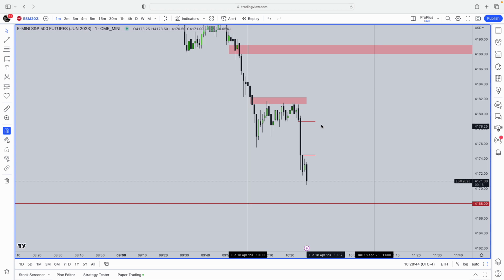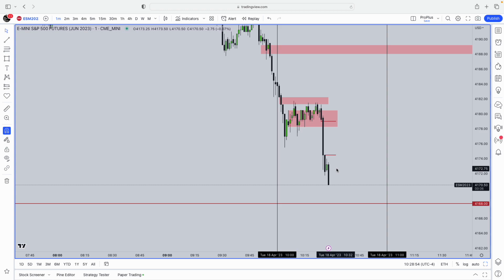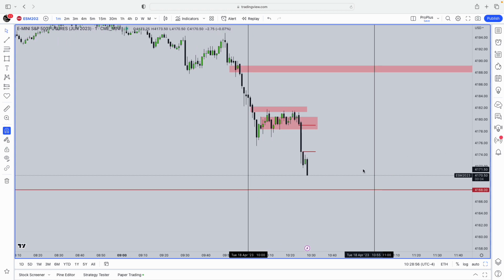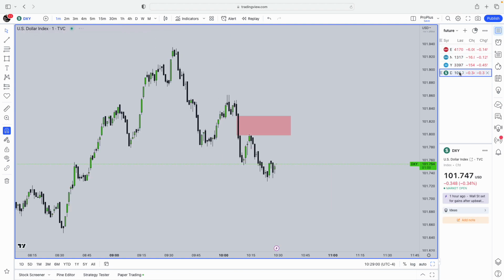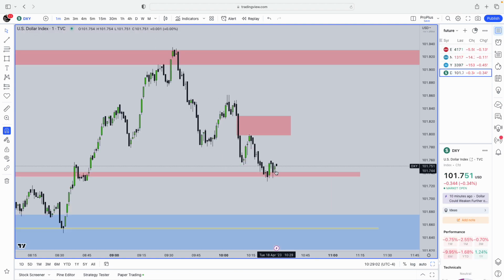Is there anything else? Is there a breaker? Breaker there. Could be here. But it doesn't look like it's going to stop anytime soon. Dollar's bouncing up from this area.